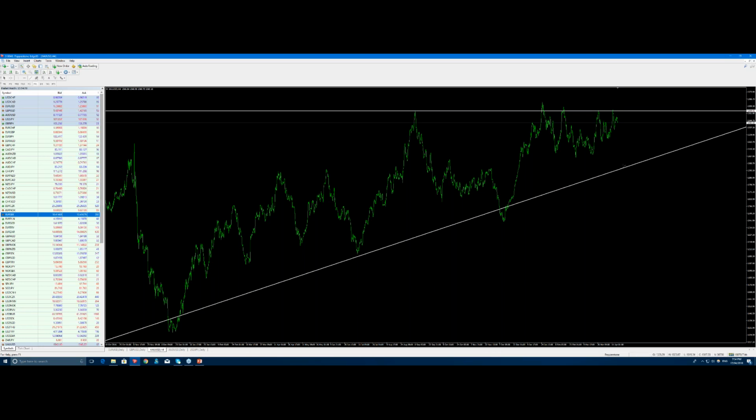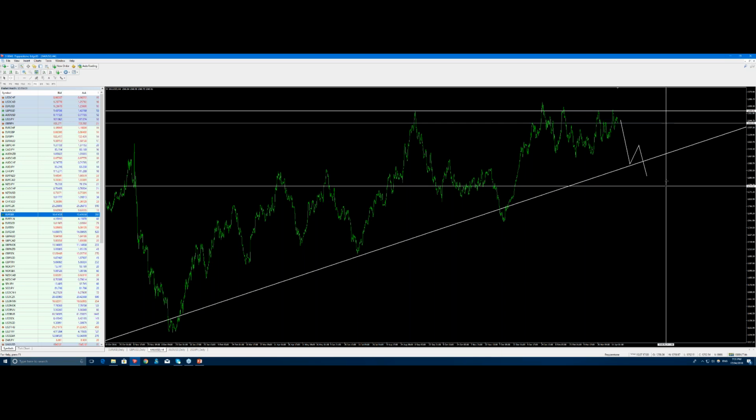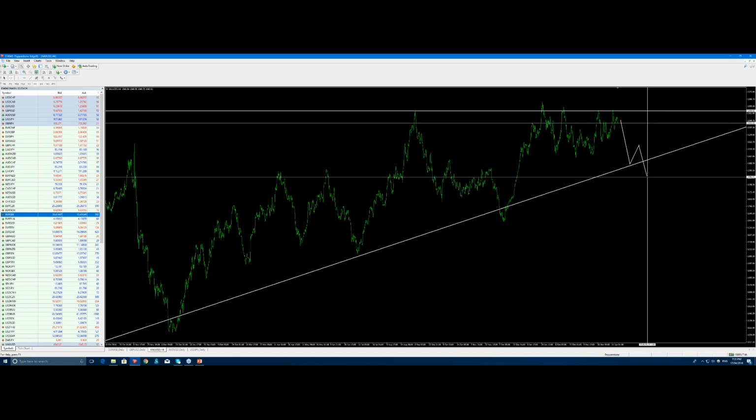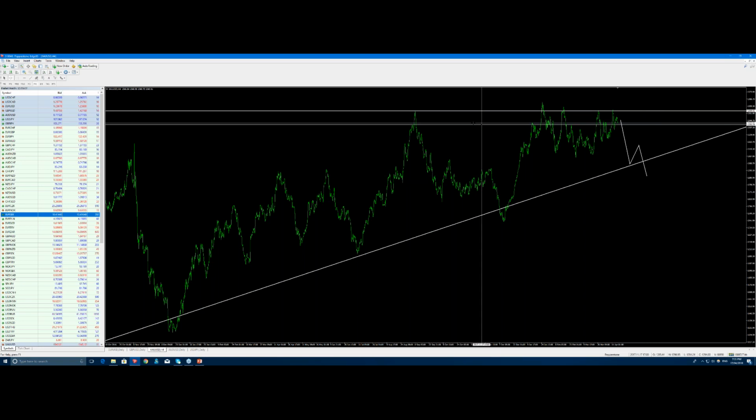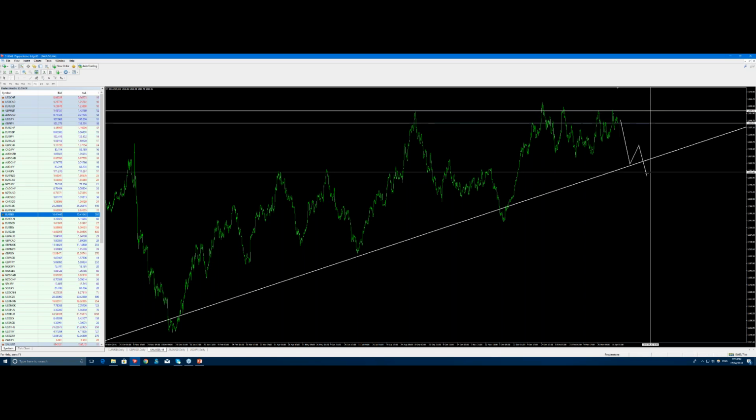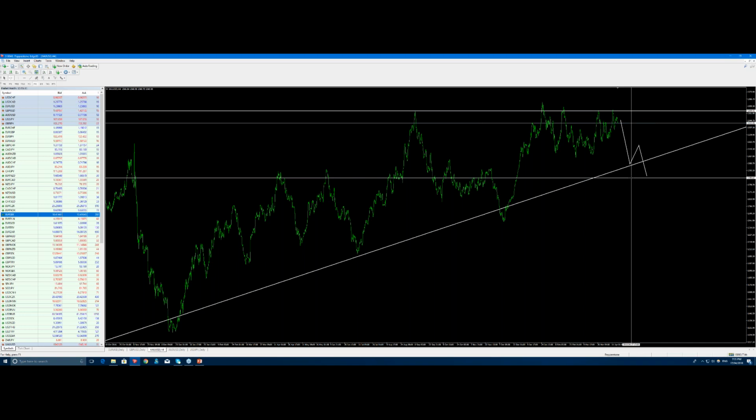So what I mean by that is if it came down here, then came back up, as most markets will, and then broke through here, this kind of break could be considered the break of this potential uptrend, and this would be where you'd be looking for things like shorts. So recognizing those market opportunities on the different time frames is really, really important.